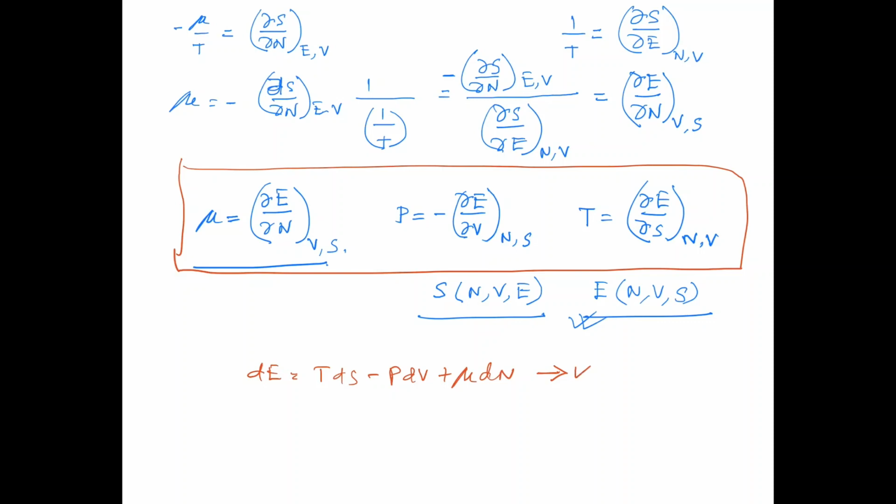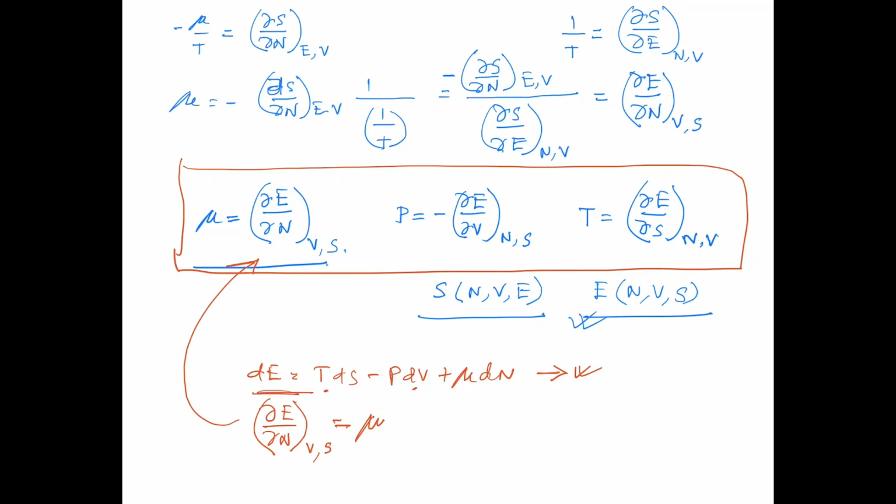You see, from this equation, we write dou E by dou N at constant V and S. Then what do we get? V is constant, so PdV is 0. S is constant, so TdS is 0. So dou E by dou N will be mu. That is our first relation here.